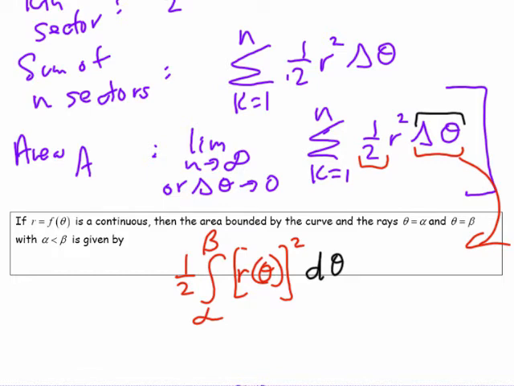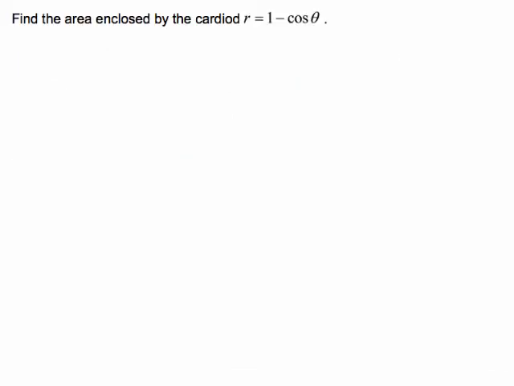This is our formula for finding the area bounded by the curve in polar form with angle going from alpha to beta. So let's apply this to find the area enclosed by this polar equation.